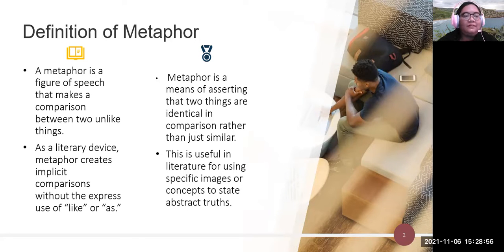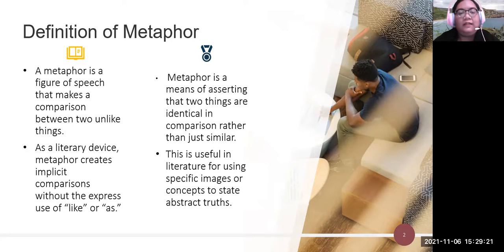Okay, as a literary device, metaphor creates implicit comparisons without the express use of like or as. Okay, so it's a sentence comparing two things without the use of like or as. It's a means of asserting that two things are identical in comparison rather than just similar.